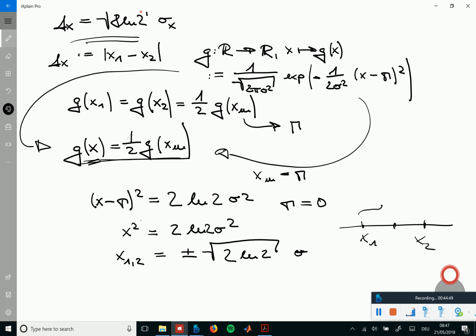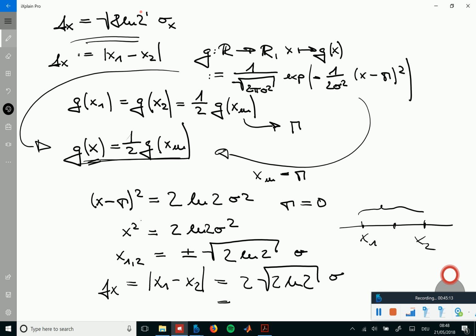So the distance between them is then just 2 times this value, which means that our FWHM, x1 minus x2, is 2 square root of 2 ln 2 sigma. If you think of 2 as square root of 4, then you can put the 4 in, then you get 8 there. This is then square root of 8 ln 2 sigma.